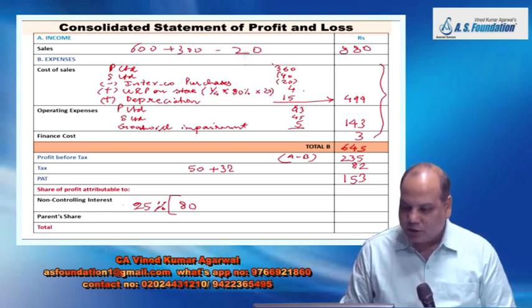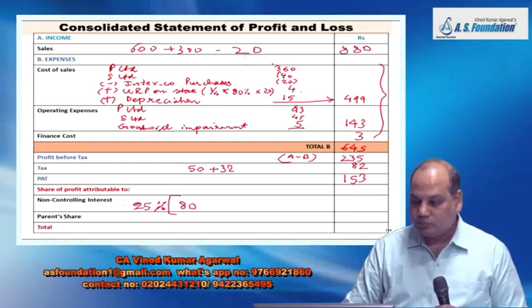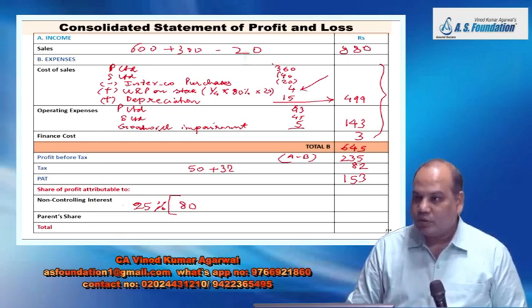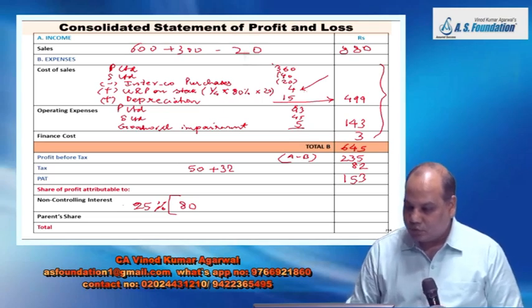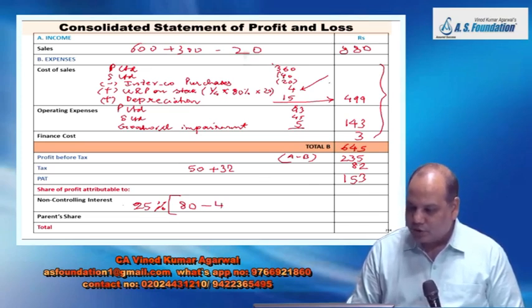First check whether it is an upstream transaction or a downstream transaction for the stock. Upstream. So this means this 4. Can you see this 4? NCI will also get a share in that 4. So I will reduce the profit of the subsidiary by 4. Then you see this depreciation 15.